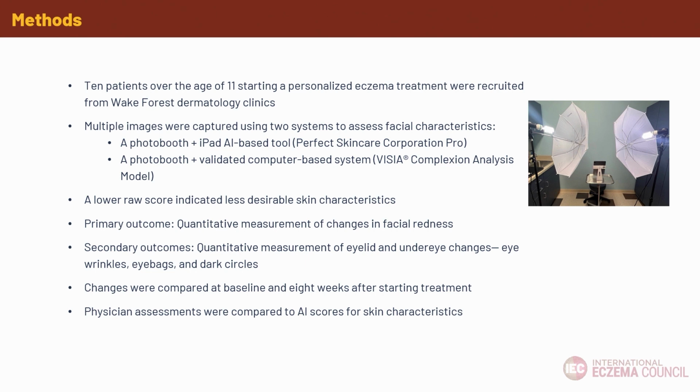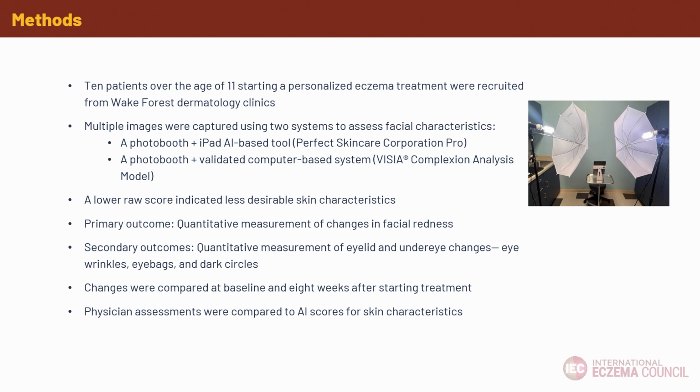So we chose to analyze the progression of skin characteristics that are most commonly involved in manifestations of facial eczema. So for primary outcomes, we analyzed the changes in facial redness, and for secondary outcomes, we analyzed periorbital and under eye involvement. So we focused on eye wrinkles, eye bags, and dark circles.